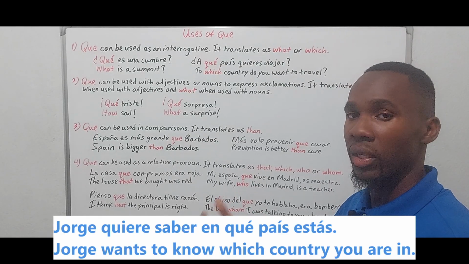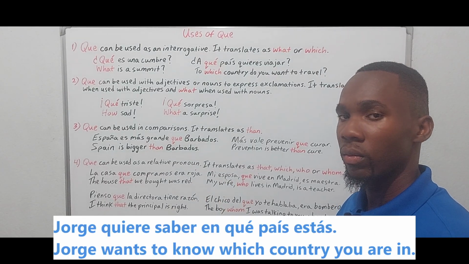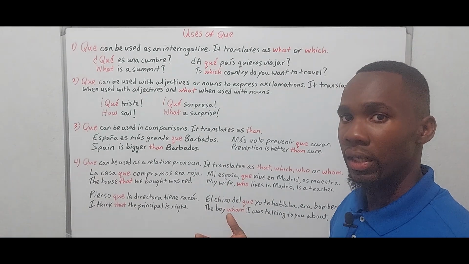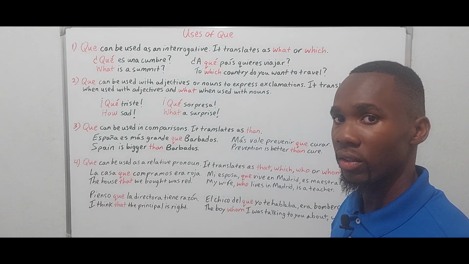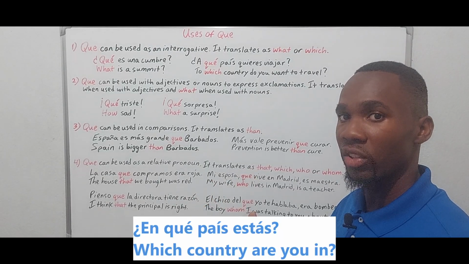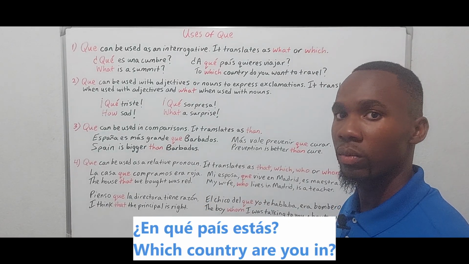And of course, because you use que before a noun, it translates as which. So once again, that is an indirect question. En qué país estás? Which country are you in? Or in which country are you?